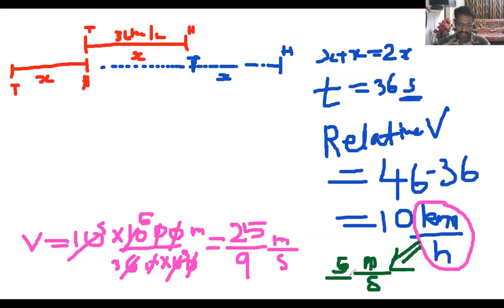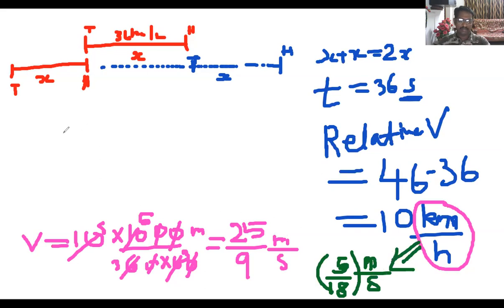This is a shortcut if you want to remember it. If you don't want to remember it, you just do it the way I did, or you can just remember that 5 by 18 is the term to convert kilometers per hour to meters per second. So you got this velocity.